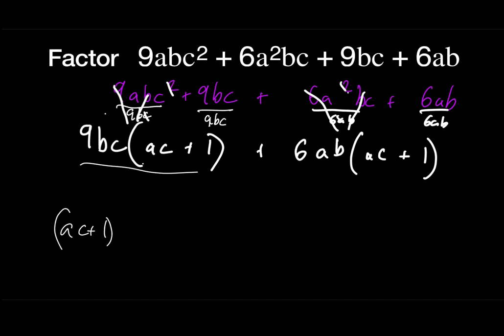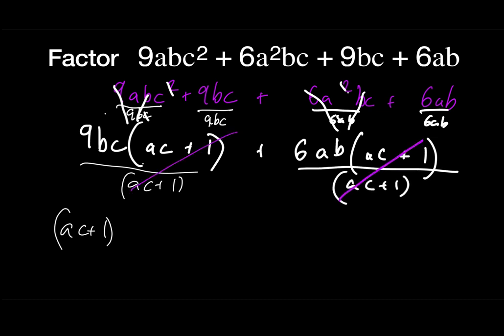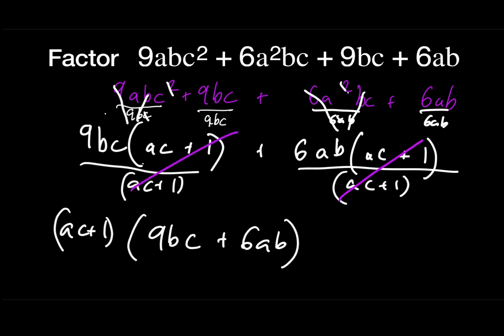So I divide this by ac plus 1, I divide this one by ac plus 1. The whole parenthesis set reduces, leaving me with 9bc plus 6ab.